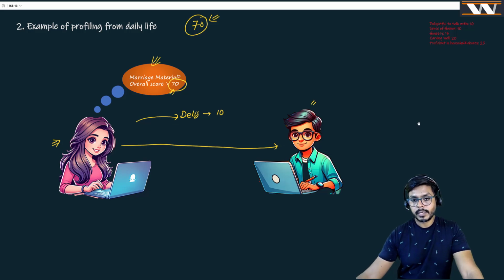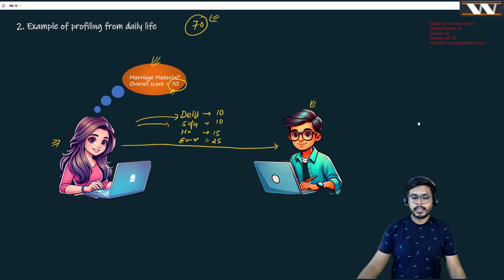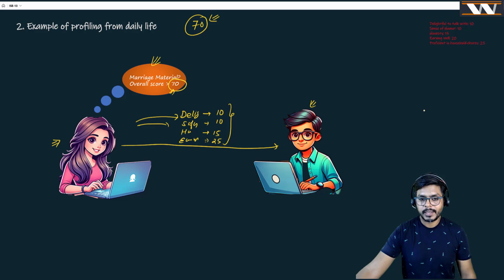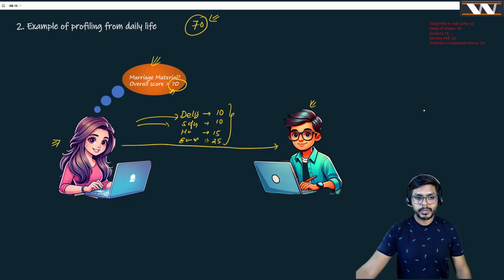And Rahul is exactly delightful to talk to. Then for sense of humor, she gives him approximately 10 again. Maybe honesty, 15 points. If he's earning well, that is going to have 25 points. If you combine them, it is still 60. Even if Mr. Rahul has all these attributes, he is still not marriage material for Anjali.